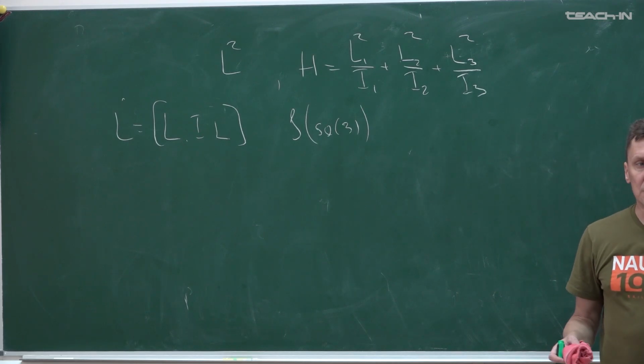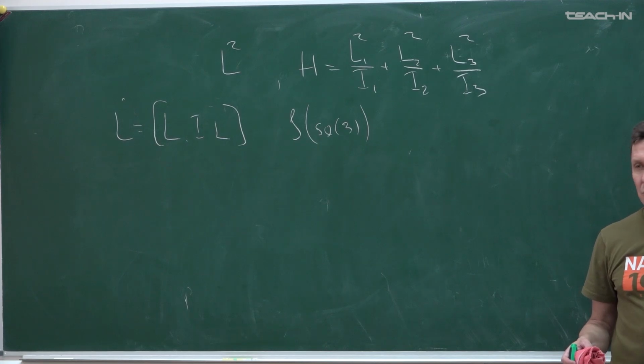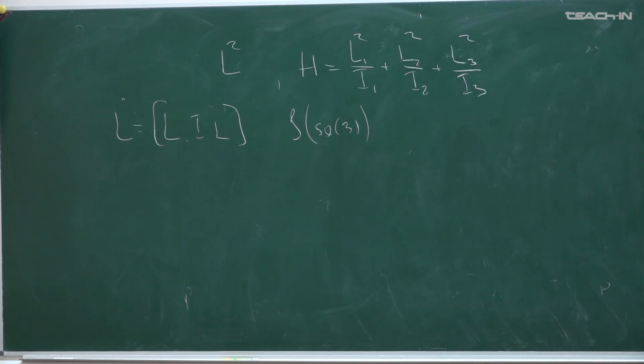And what could you say about the Poisson bivector? Is it degenerate or not degenerate? Does it have a non-trivial kernel? If it's non-degenerate, then it should not.